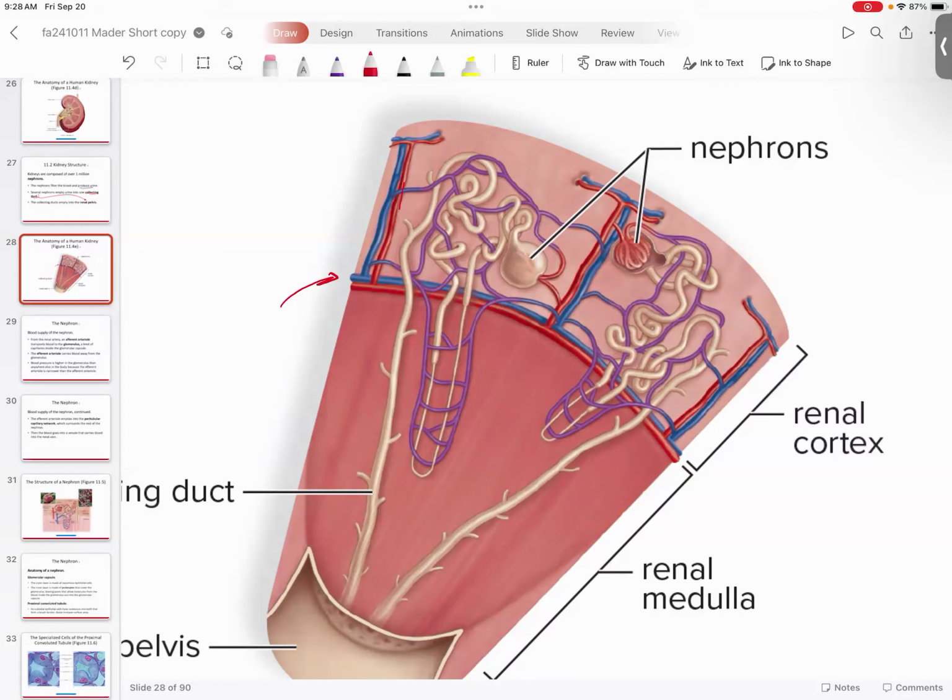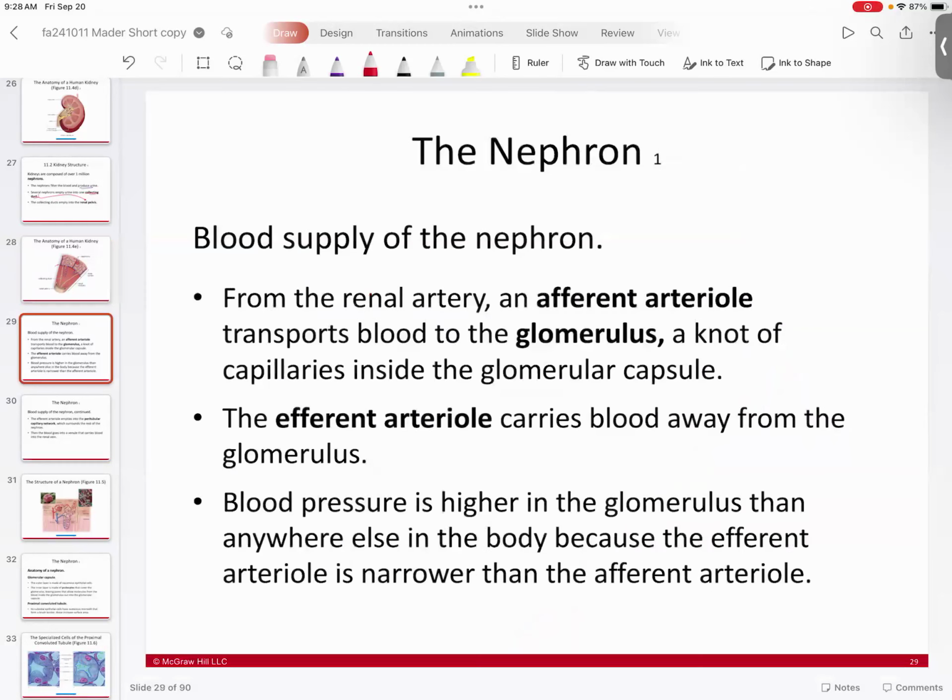This piece right here is an important piece. We'll talk more about the tubular system in just a second, but you can see this is like a giant capillary, wrapped around by all these blood vessels. The nephron is a tubular system wrapped around by these capillary type structures.